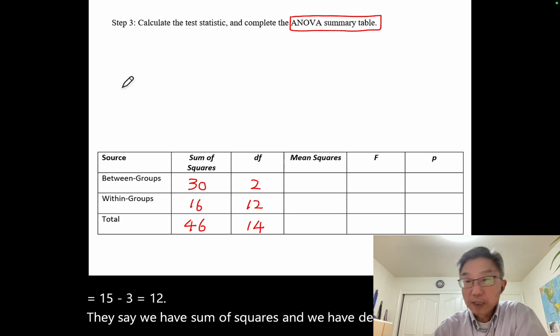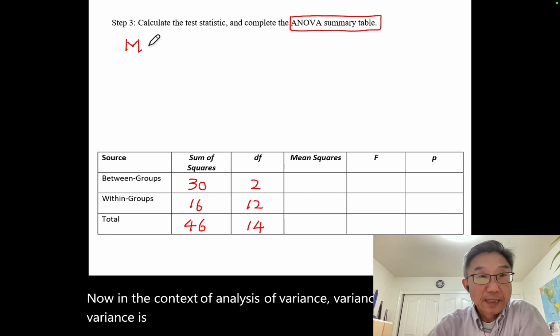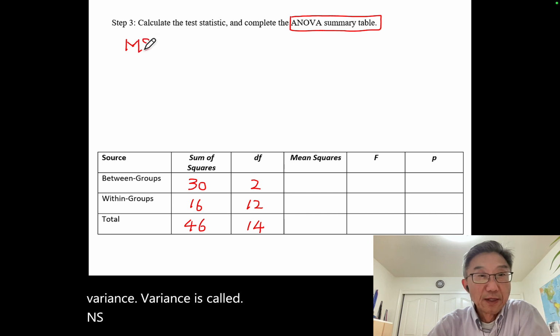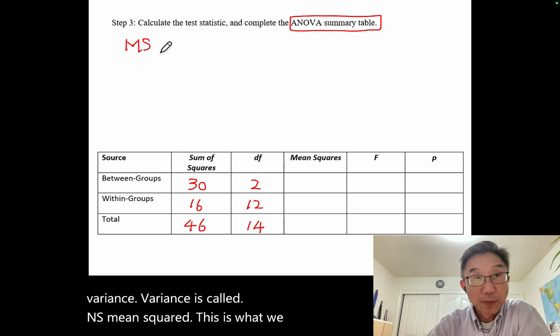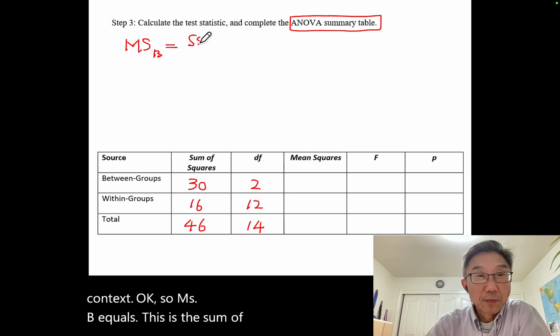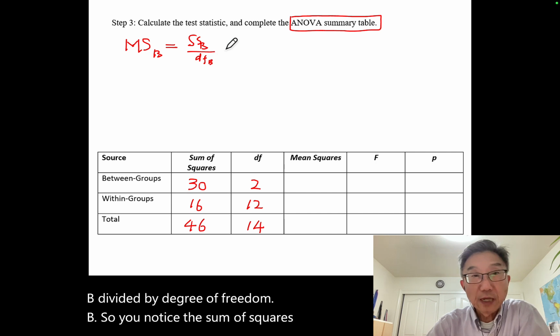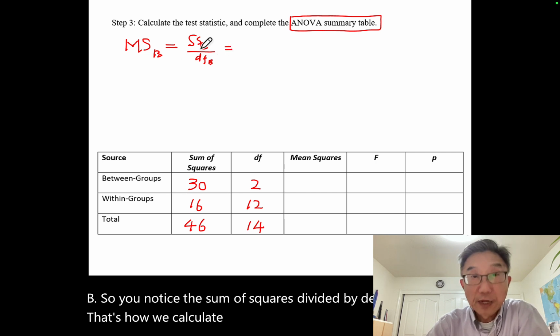Now, in the context of analysis of variance, variance is not called variance. Variance is called MS, mean squares. This is what we call variance in this specific context. So MS B equals the sum of squares B divided by degree of freedom B. You notice the sum of squares divided by degree of freedom, that's how we calculate variance.